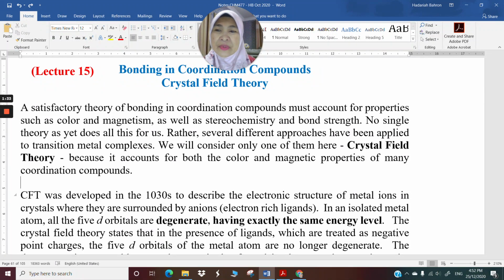No single theory as yet has been able to do this for us, but rather several different approaches have been applied to transition metal complexes. So today I'm going to explain only one, crystal field theory, because CFT can account for both the color and the magnetic properties of coordination compounds.